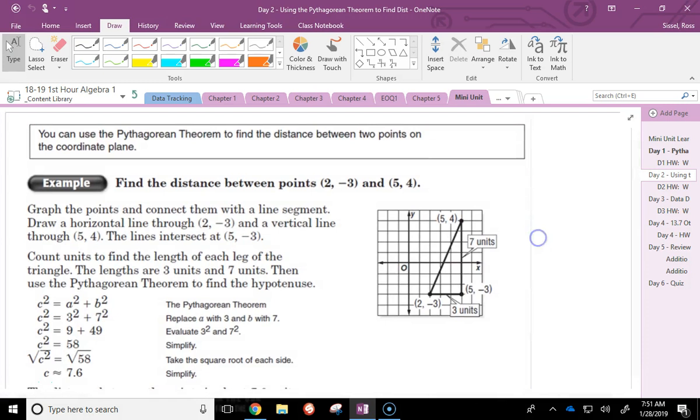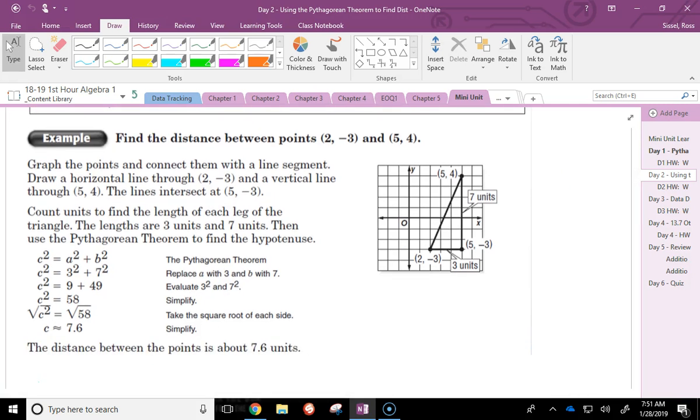All right, let's show how we're going to use it on a coordinate plane. If I'm asked to find the distance between two points, and the points are (2, -3) and (5, 4), we've seen this before, and I've seen students do this incorrectly. They plot the first point and then (5, 4), and then they start trying to piece things together, thinking if I put this piece with this one, I think that equals 1, and they just start guessing.